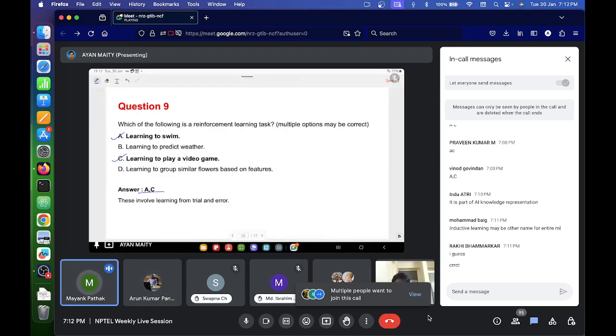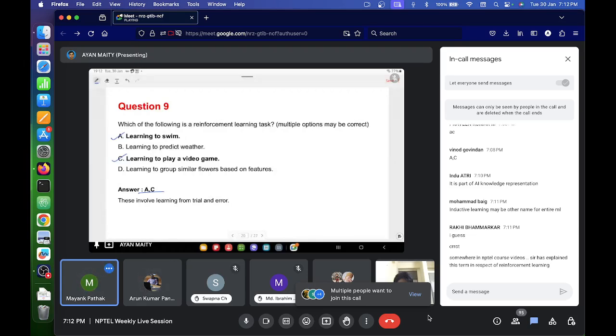In that sense, the madam is saying that it's inductive learning, because we are going to induce something based upon the given data set. But in case of any kind of learning, we induce something, isn't it? No, sir. Learning with the help of experience is called inductive learning. With the help of experience, we can get the output. That is called inductive learning.